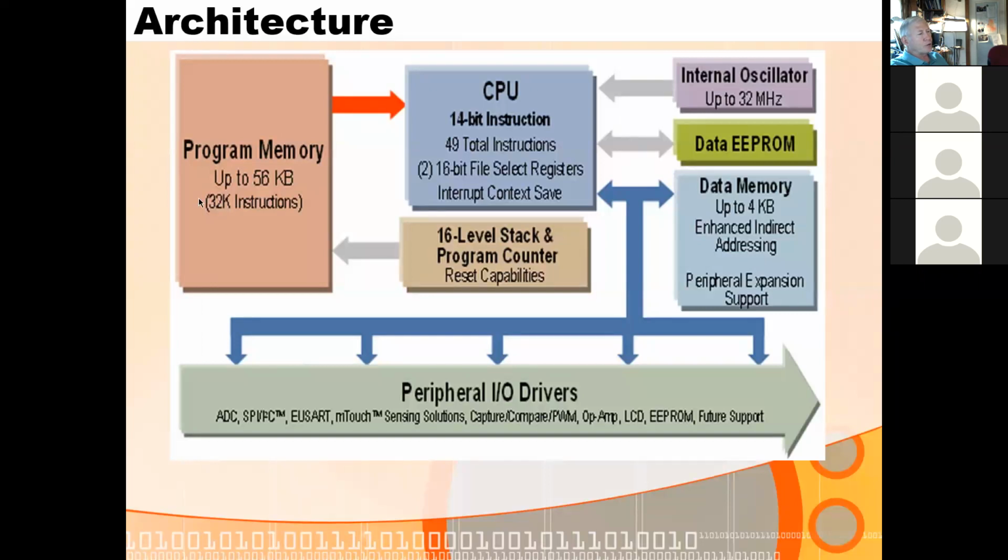So if you had 32,000 14-bit instructions, that'd be 56 kilobytes of memory if you're looking at 8-bit bytes. But in program memory, every single location is actually 14 bits, so this 56 kilobytes is kind of a goofy thing. Just ignore that. The important number is that in this family, you can have a maximum program size of 32K, which is a fair amount for an embedded design.